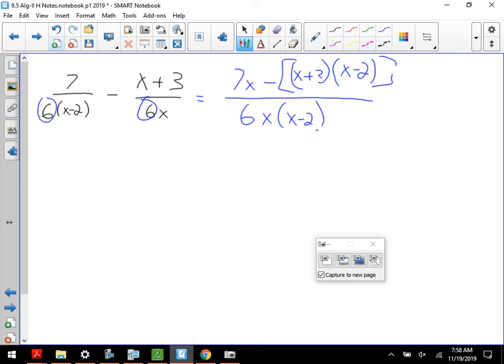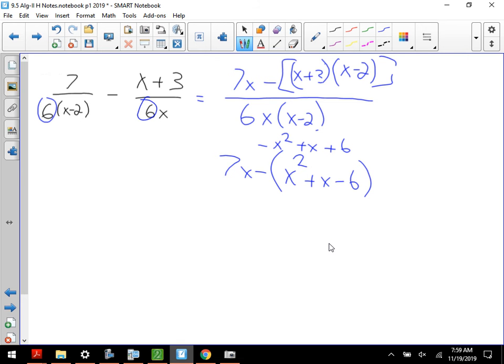All right. So FOIL out the x plus 3 and the x minus 2. So we have 7x minus the quantity x squared plus x minus 6. Distribute the negatives, we get negative x squared minus x plus 6.